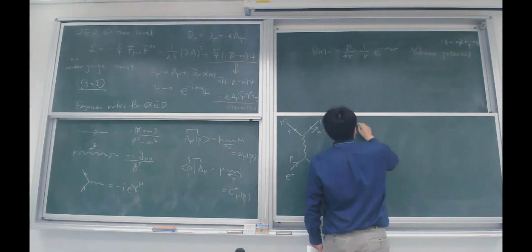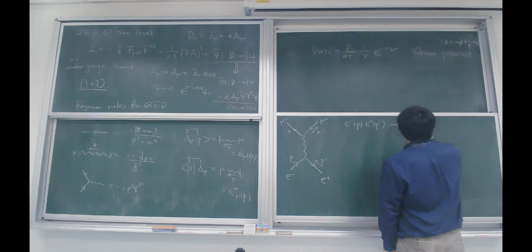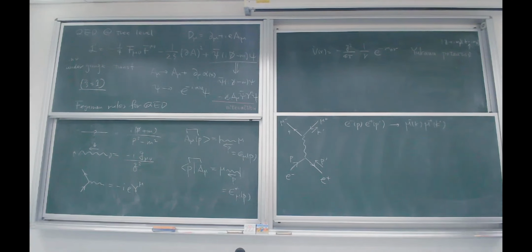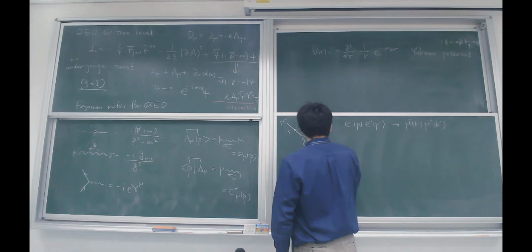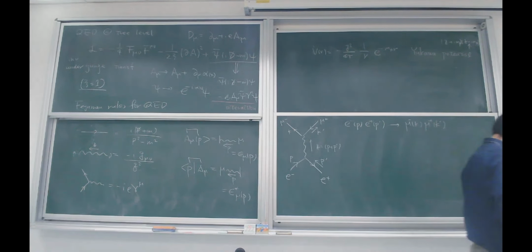Electron and positron go to muon and anti-muon. So this is the process that we are going to consider. In the middle, you have the photon propagator with q equal to p plus p prime. This is what we want to understand.